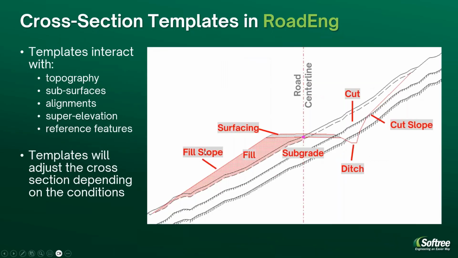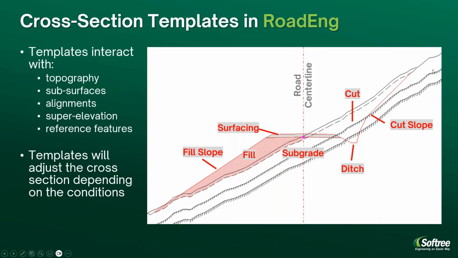So cross sections are really, really important. Again, as I mentioned, a road without a cross-section is just a line, essentially. So this cross-section template plays an important role in interacting with all the different components around those alignments. It's interacting with the topography. It's interacting with your subsurfaces.